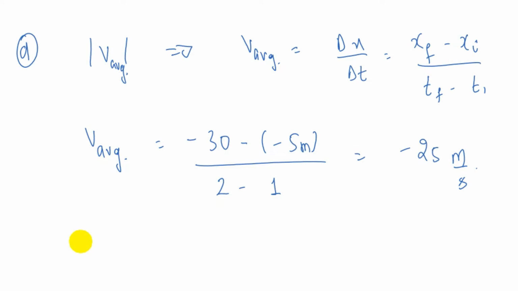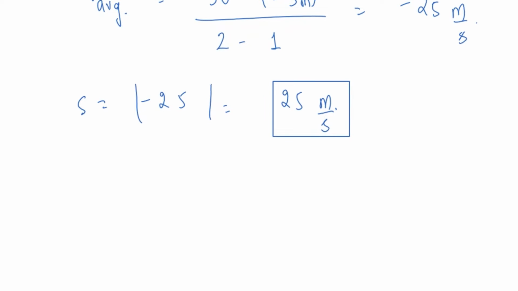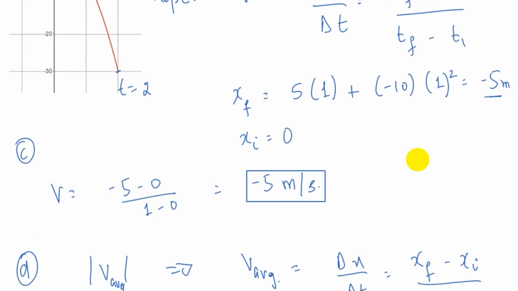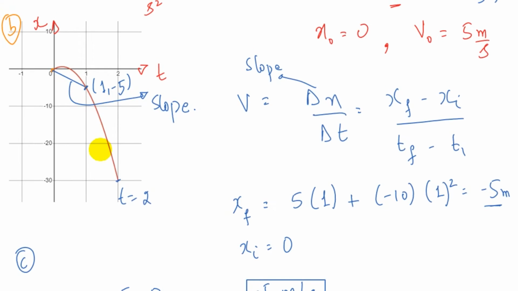But we have to calculate the average speed. So average speed is the magnitude of average velocity. So we can take this magnitude, and that would be equal to 25 meter per second. Now one thing you should note here is that average speed is not always the magnitude of average velocity. But here we can write that average speed is the magnitude of average velocity because the direction of the ball is not changing.